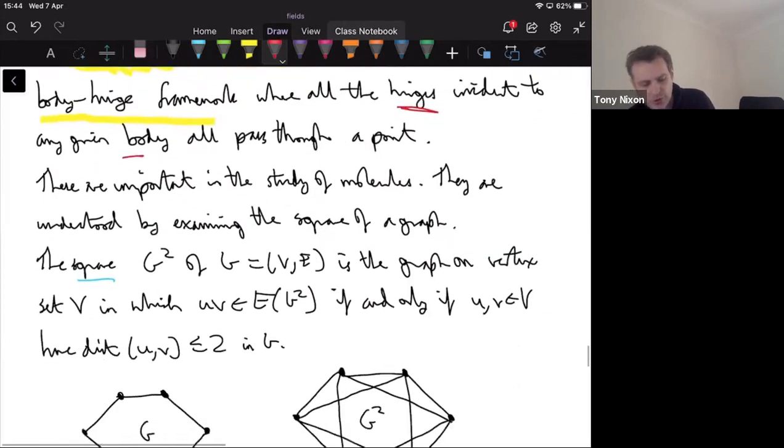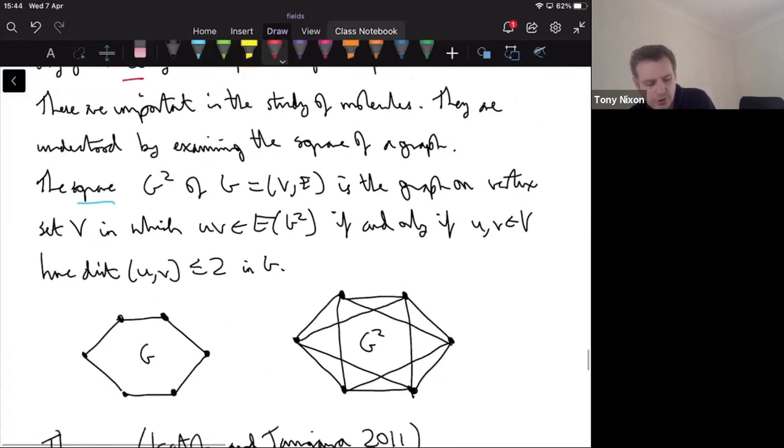The combinatorial object that was used in the study of these is the square of a graph. So what's the square of a graph? Well, you take your graph. Again, I've just chosen a small cycle as my graph. You form the square on the same vertex set by putting an edge between two vertices in the square if and only if in the original graph the vertices were at distance at most 2 apart.